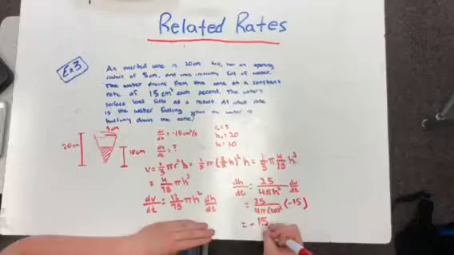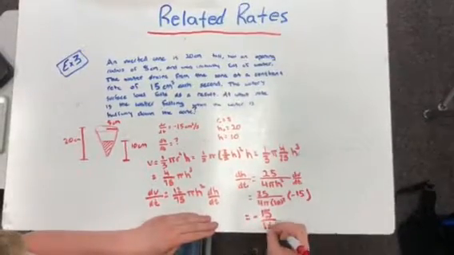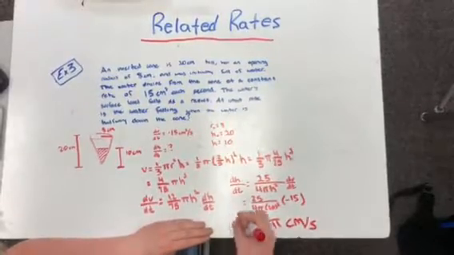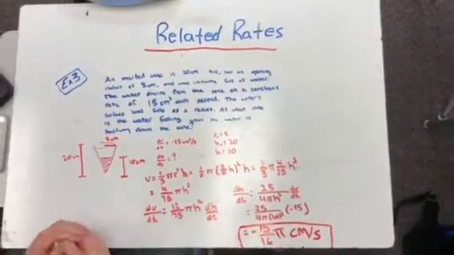After doing the necessary calculations, you get an answer of negative 15/16 pi centimeters per second. And that is your answer.